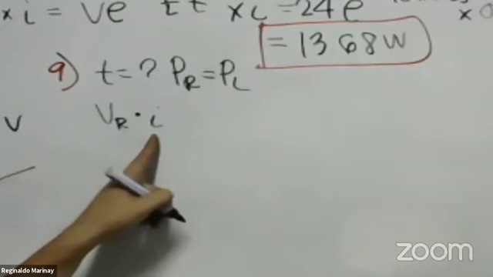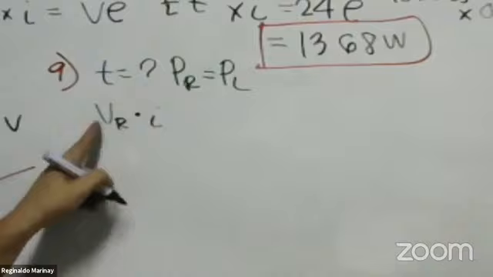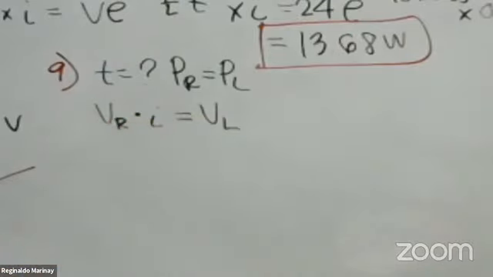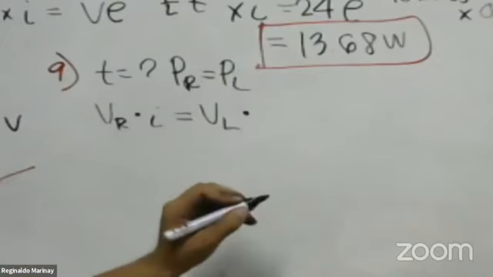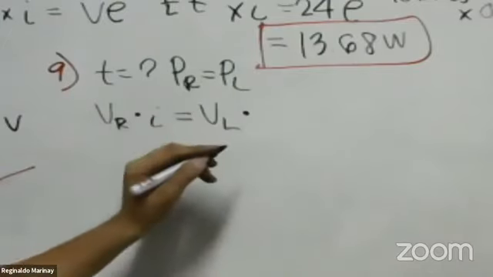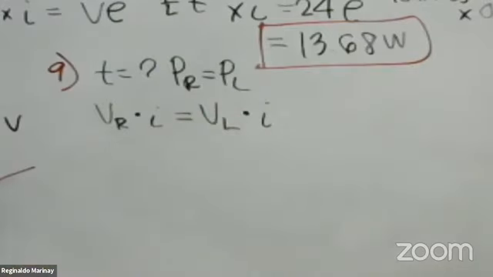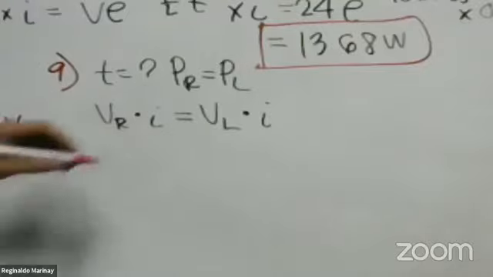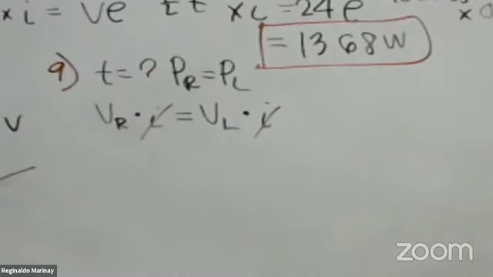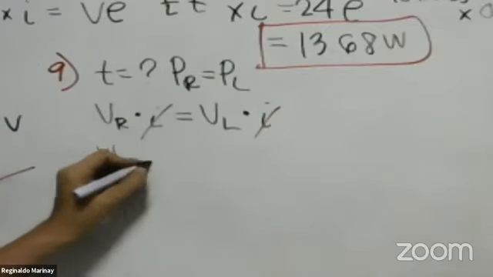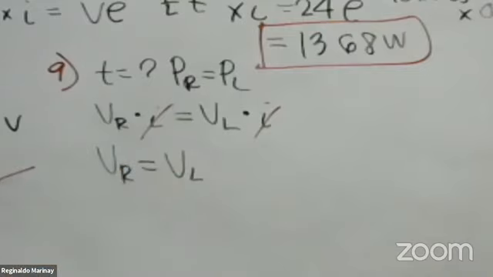Remember, we are only referring to DC transient, direct current. Power is voltage times current. So, that is equal to BL times I. Take a look, what happened to I? Cancel. So therefore now, our BR is simply equal to BL.